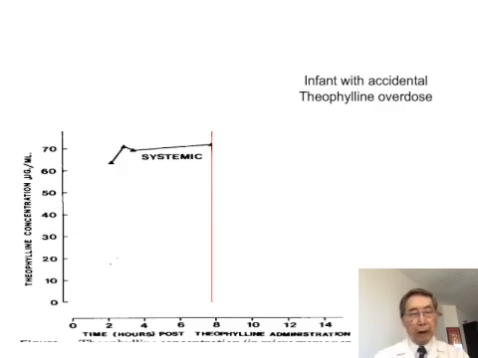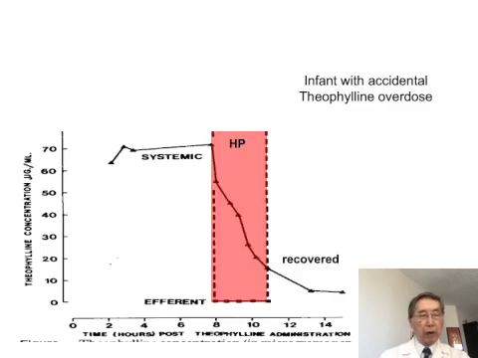There was also an infant that was accidentally given overdose of theophylline for asthma, and the level was very high and it could cause irreversible brain damage. As a result, they asked me to put this on the patient. The level came down very quickly and the patient recovered.